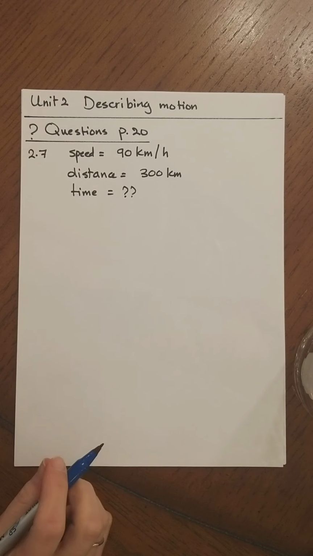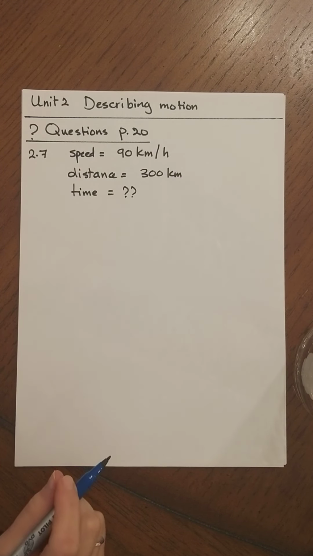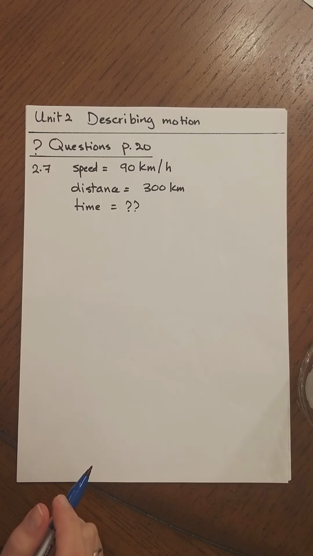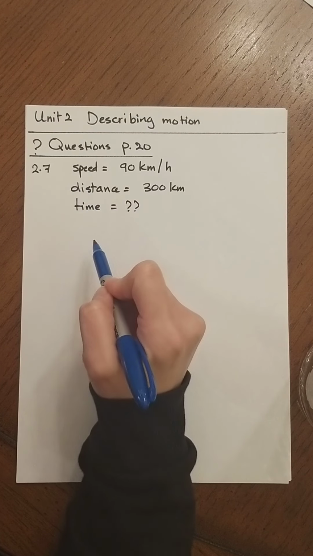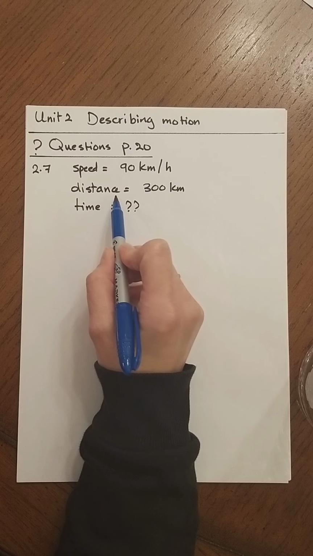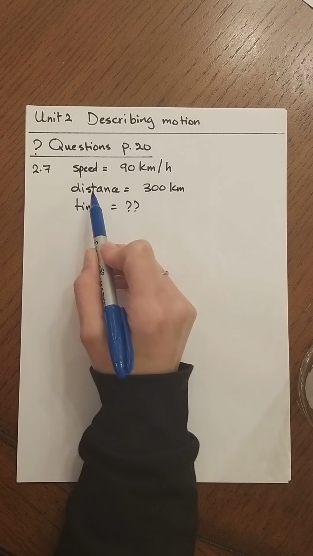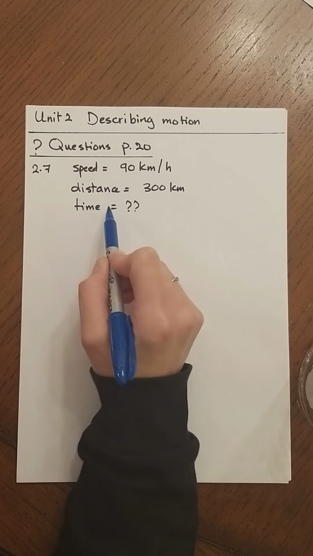Question 7. How long will it take a coach traveling at 90 kilometers per hour to travel 300 kilometers along a highway? So this coach is traveling at 90 kilometers per hour, the speed. It's traveling for 300 kilometers, the distance. We need to know how long this will take, the time.